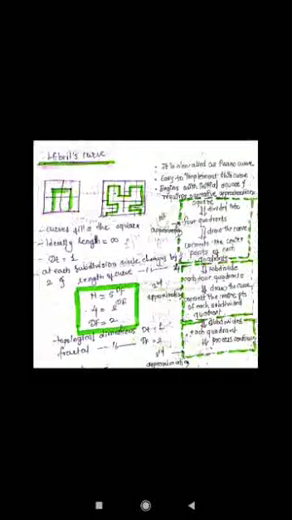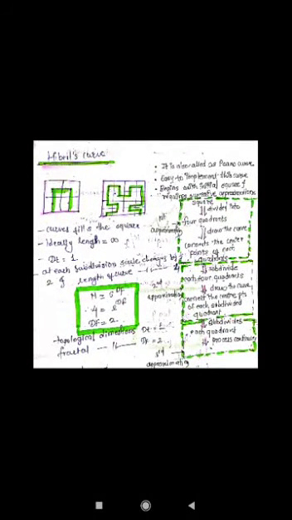Therefore the Hilbert curve is also called a fractal. A question can be: why are the Hilbert curve and Koch curve called fractals? For that you have to prove that their fractal dimensions are greater than the topological dimension. You can use the formula to show how it is greater.